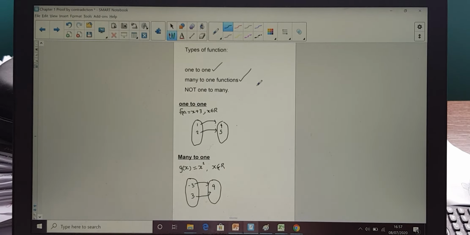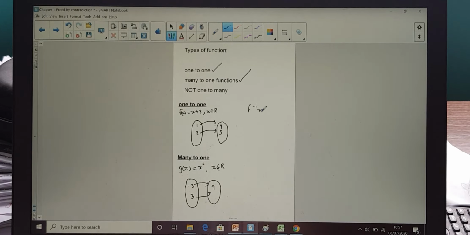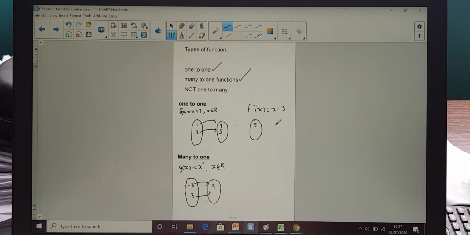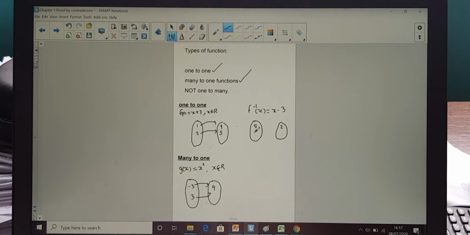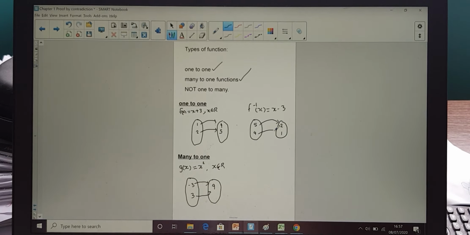Okay. Now, if I think about it, the inverse function of x add 3 would be x minus 3. And that would work because if I put in an input of 5, I would get an output of 2, and an input of 4 would map to 1.